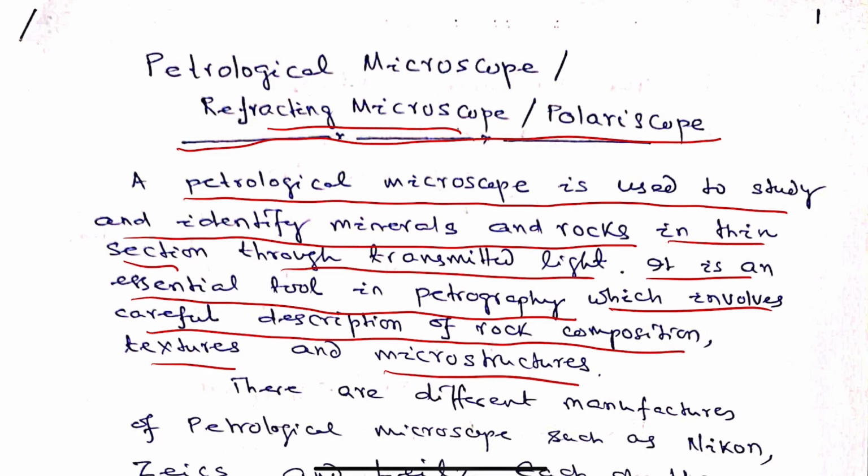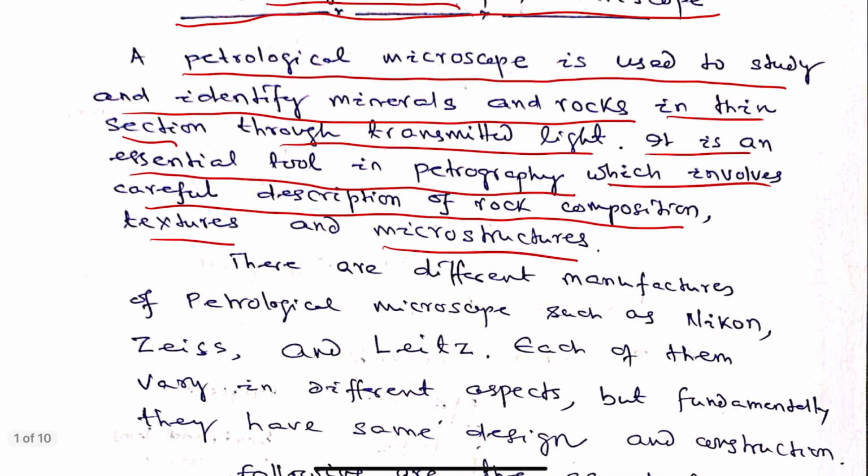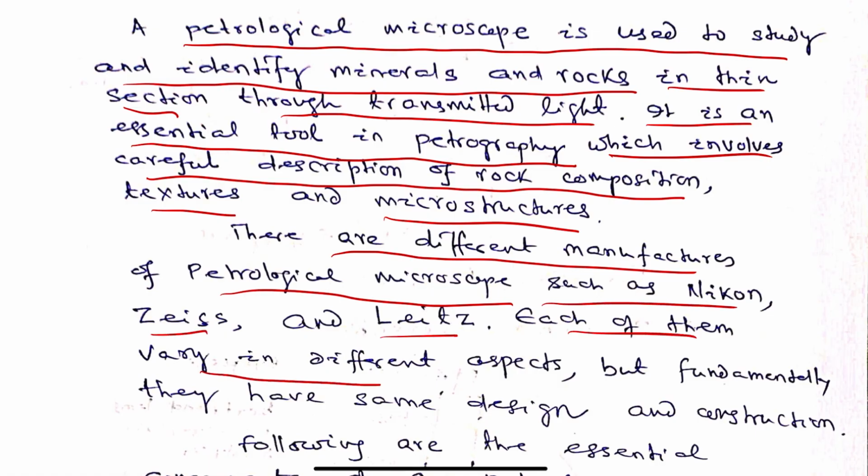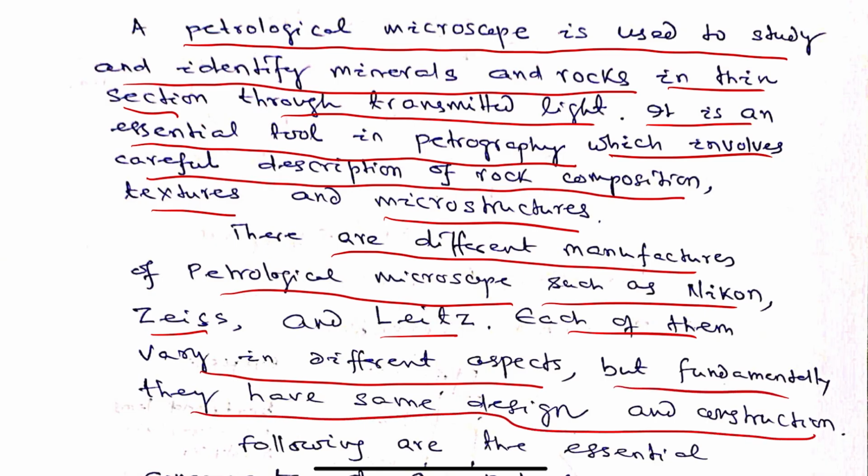Petrography is one important component of rock identification, and that is possible if we identify the rocks under the petrological microscope. There are different manufacturers of petrological microscopes such as Nikon, Zeiss, Leitz. Each of them varies in different aspects, but fundamentally they have the same design and construction.